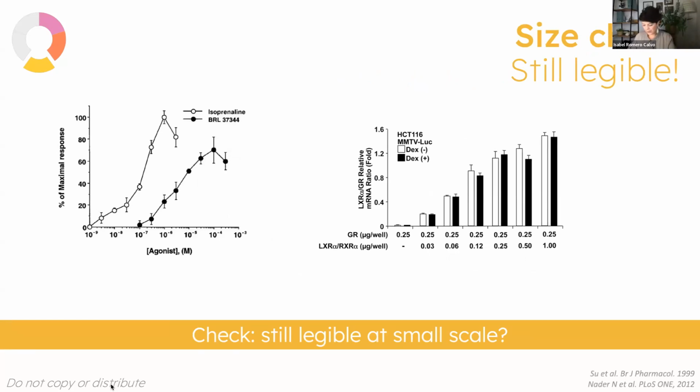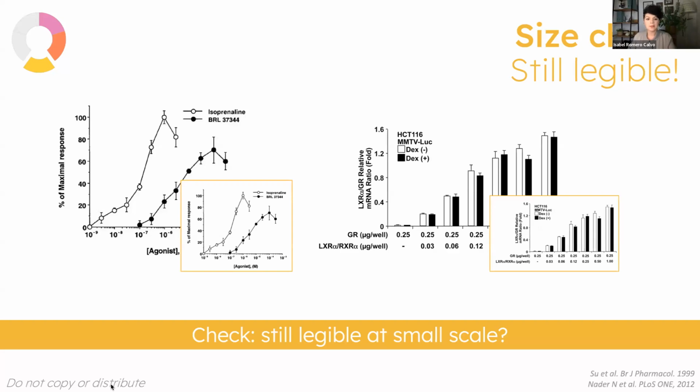That said, a quality check that everyone should always do when you create graphs is to make them smaller. The reason is, in most cases for publications, any kind of visualization is getting more and more tiny. So if you make things small and you can still read them, that means you are doing an okay job.